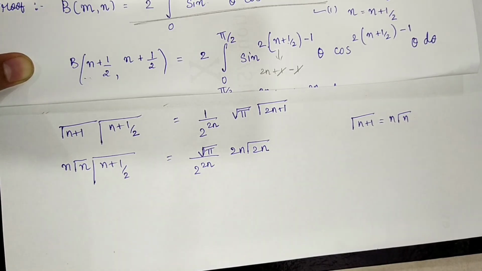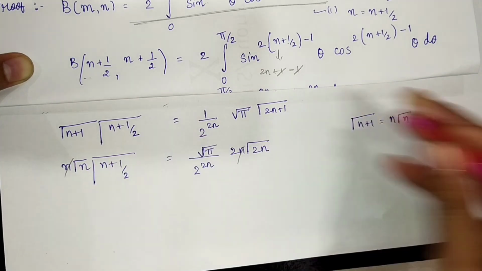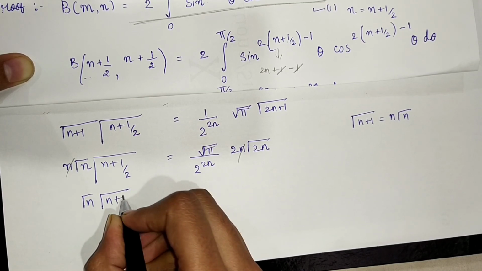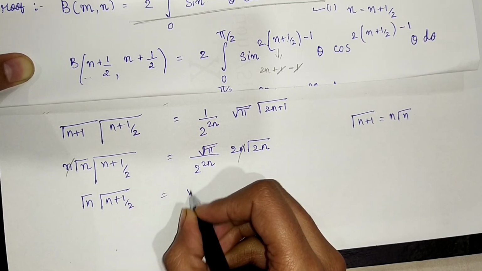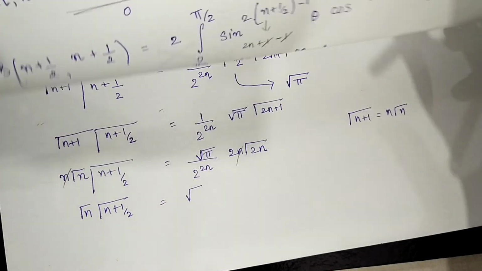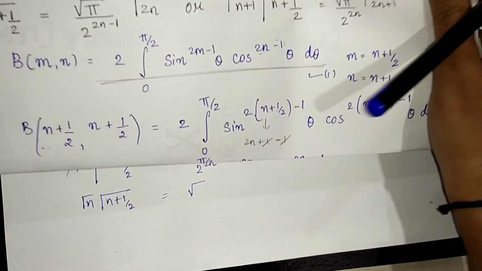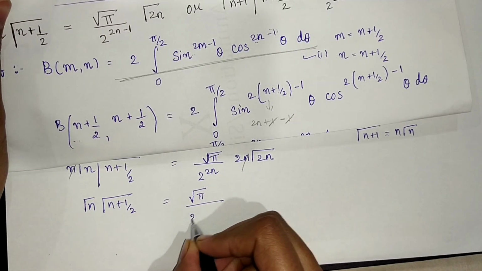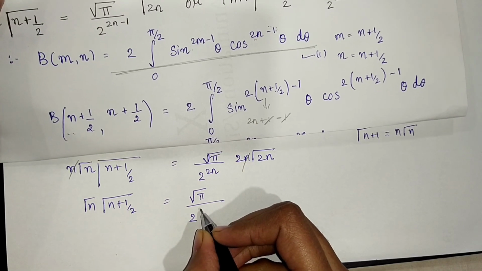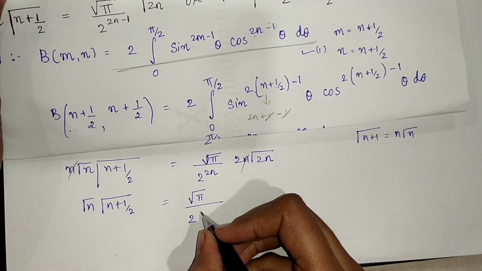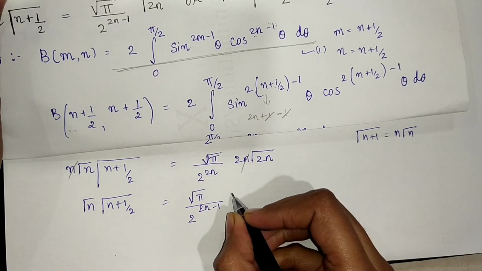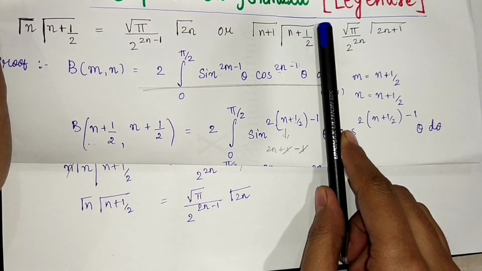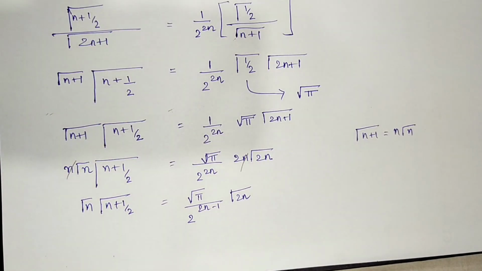But here this n and this n will get cancelled, so I will get gamma n into gamma n plus 1 by 2 is equal to, that is I'm getting this property, property number 1, under root pi, 2 raised to this 2. If I take it in the denominator part, then I get 2n minus 1 and gamma 2n. Okay, so I got this as well as this property, and hence we got the duplication formula.